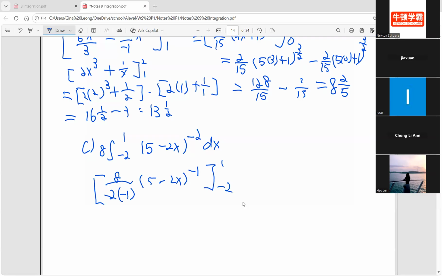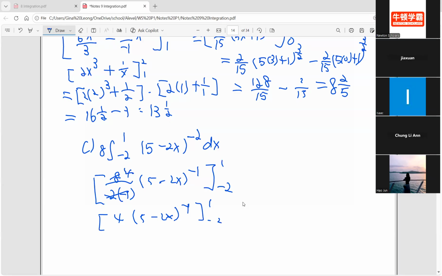Then here I still need to simplify. This one becomes 4, 4 times (5 minus 2x) to the power negative 1, over negative 2.